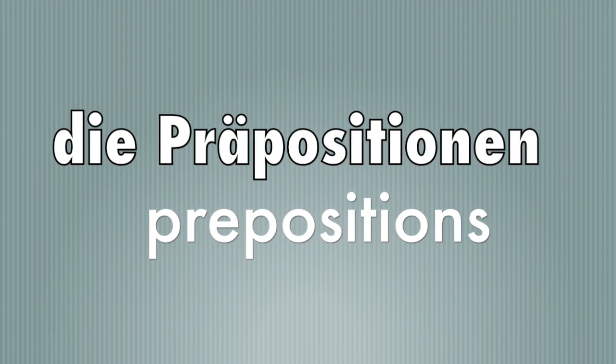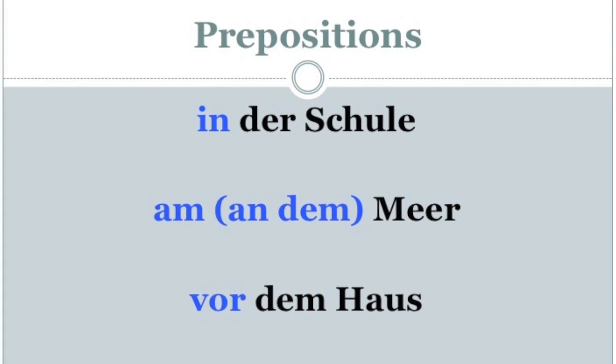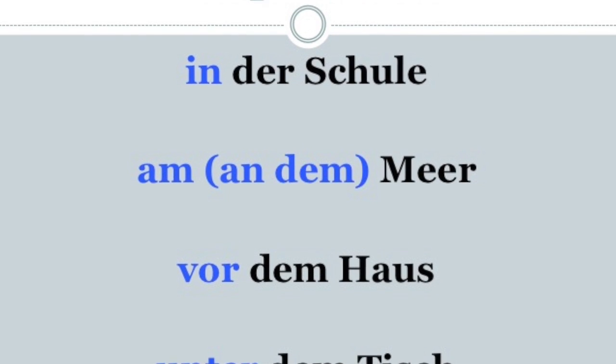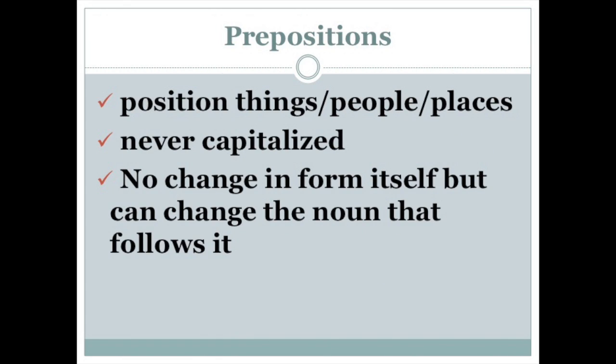Last but not least, we have prepositions, or die Präpositionen. For example, in der Schule, am Meer, vor dem Haus, unter dem Tisch. So we see that prepositions position things or elements in a sentence. They give us a locational idea of where something is. Also, they are never capitalized unless they're at the beginning of a sentence.